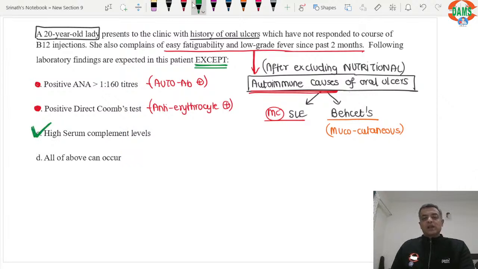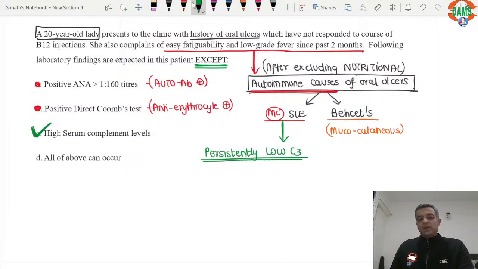Autoimmune diseases always have persistently low complement levels, because there is lifelong inflammation.